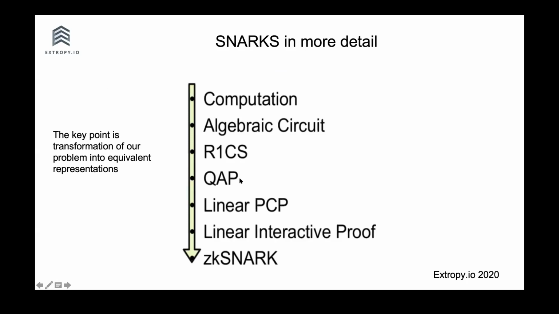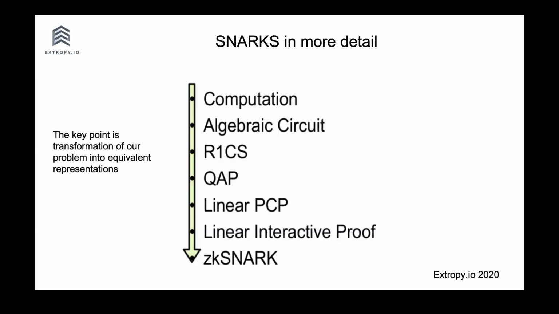Now, when we're talking about a ZK-SNARK, the way to think about the whole process that we're going through is one about transformation. So we start with some algorithm that we can express in some high-level language, in some function part of a program, and we then transform that into mathematically equivalent representations of what we have in our algorithm.